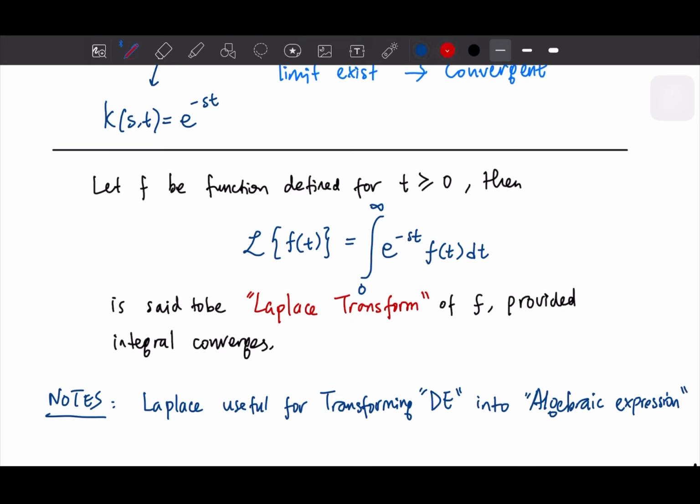Okay, this is actually our goal. It's supposed to be the last note, but I will give it to you in the beginning to help you realize what this Laplace actually means.